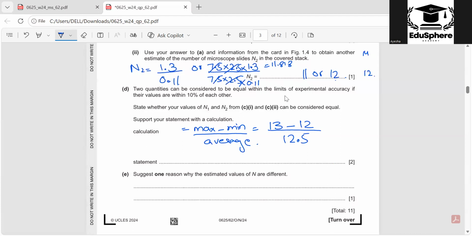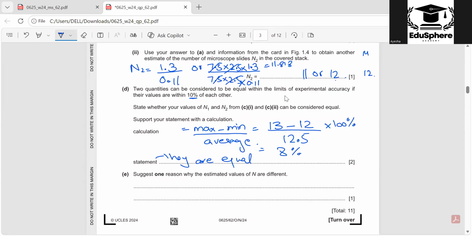So I'm going to take 13 minus 12, which is 1, divided by 12.5, times 100%. So the answer is 8%, which is within the limits of accuracy because they are within 10% of each other. So yes, they are equal. The statement will be that they are equal because the percentage comes within 10%.